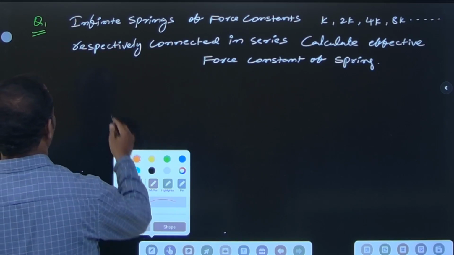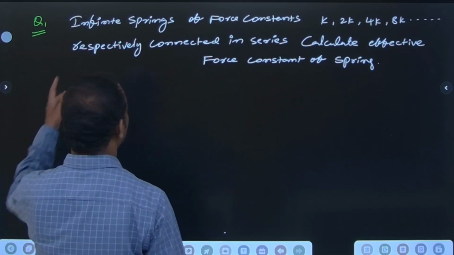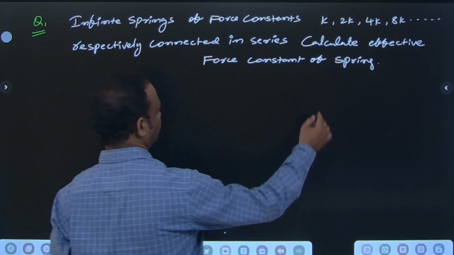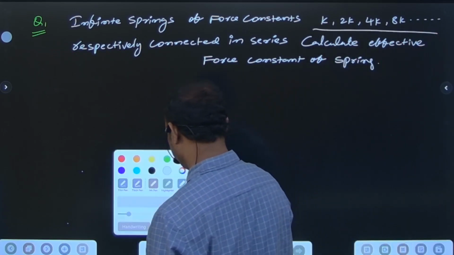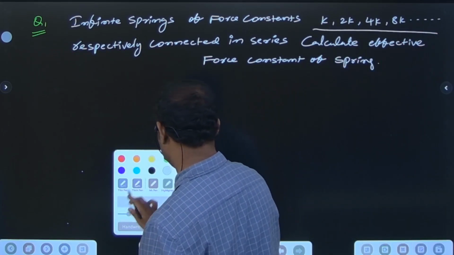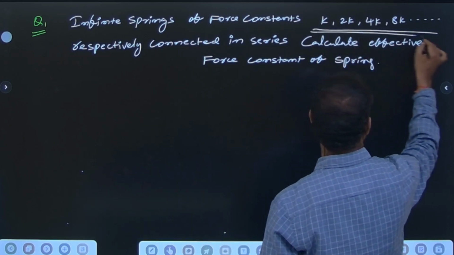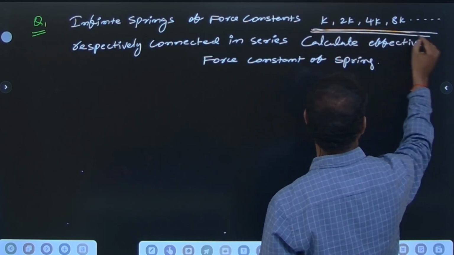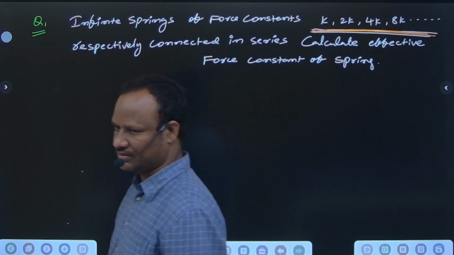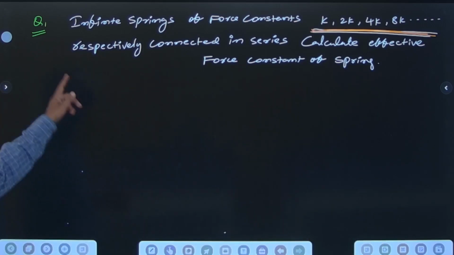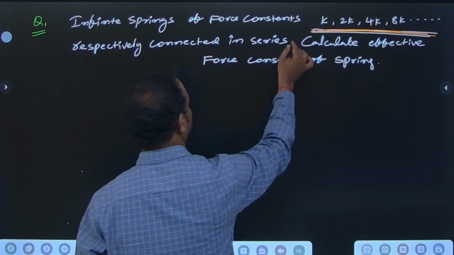Infinite springs of force constants. These are the force constants: k, 2k, 4k, 8k, and so on. They are connected in series.